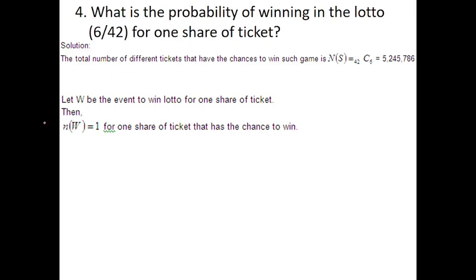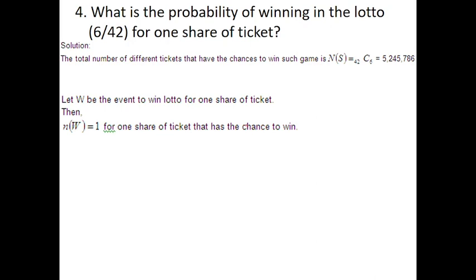So, then, number of outcomes for W, yung event to win lotto for one share of ticket. No? So, 1 lang siya. Okay? So, for one share of ticket that has the chance to win, 1 lang siya. Kasi isa lang hawak mo eh.